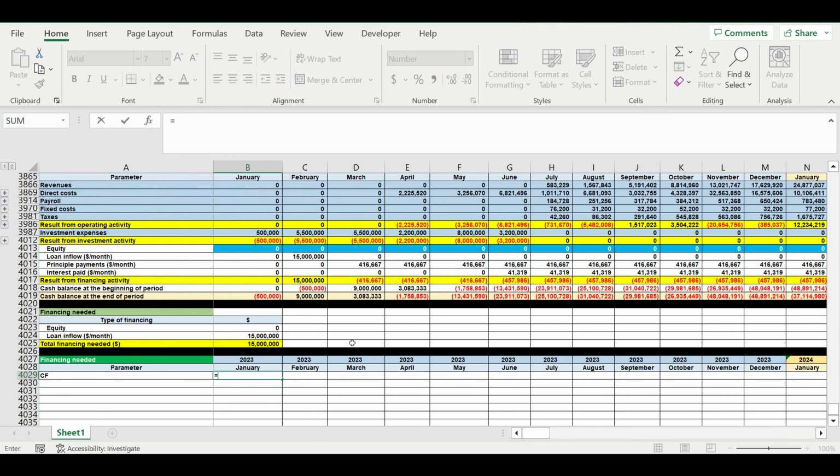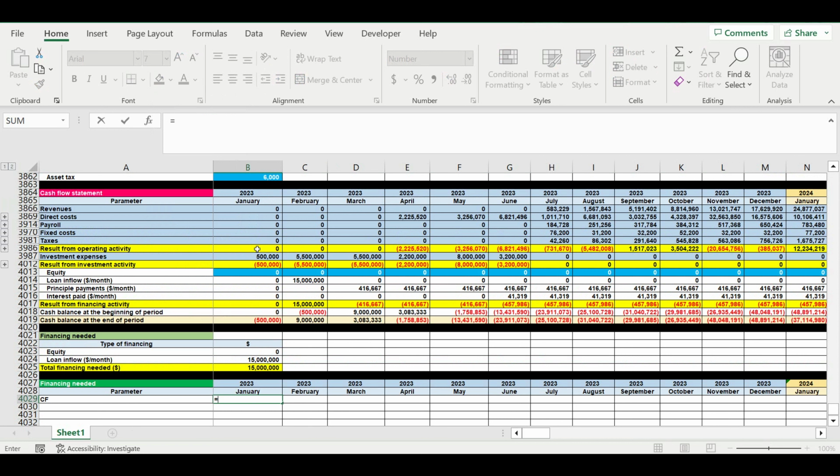So what I will do, I will take the result from operating activity plus the result from investment activity plus loan minus principal payment minus interest payment.